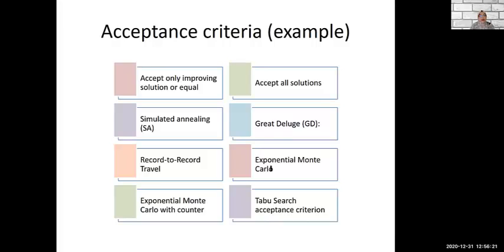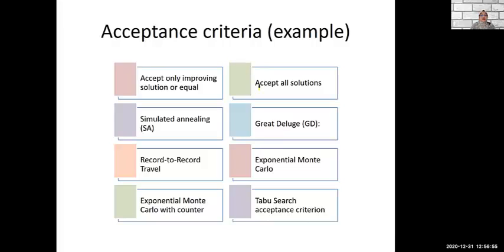This means that any solution returned by the low-level heuristic will be accepted if it is of good or equal quality. Then we have accept all solutions. For this one, we accept any solution returned by the low-level heuristic, regardless of whether it is good or not.